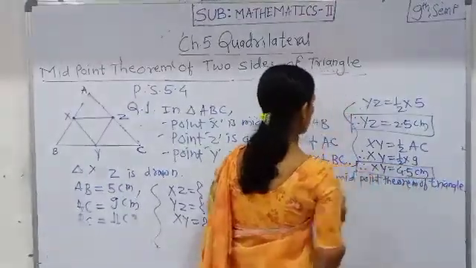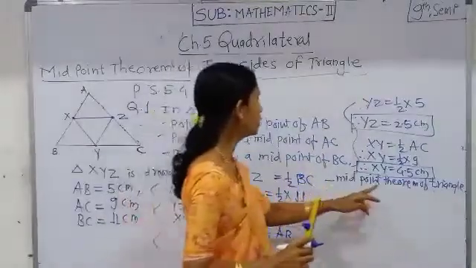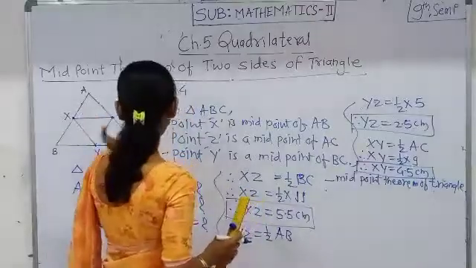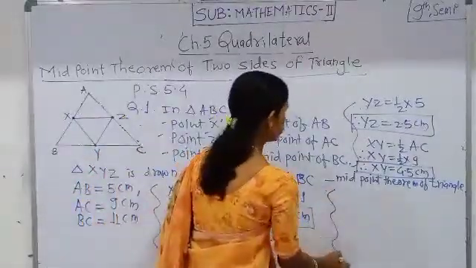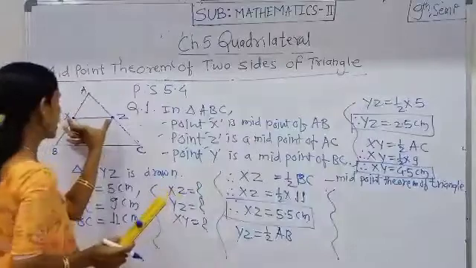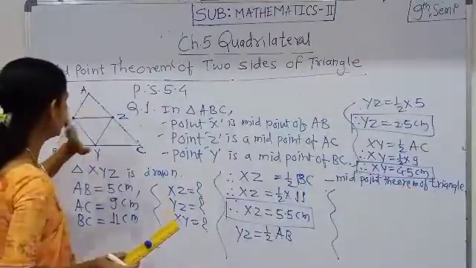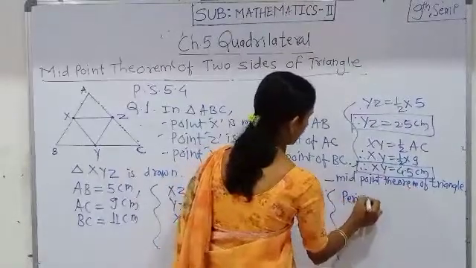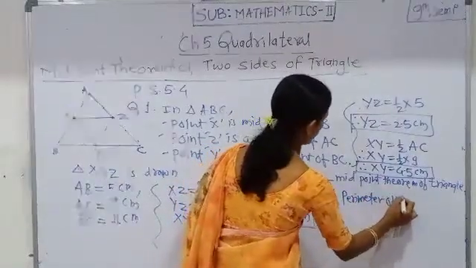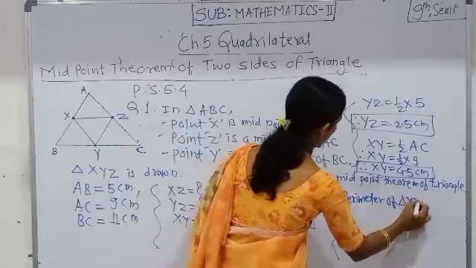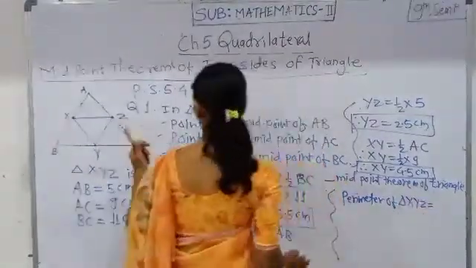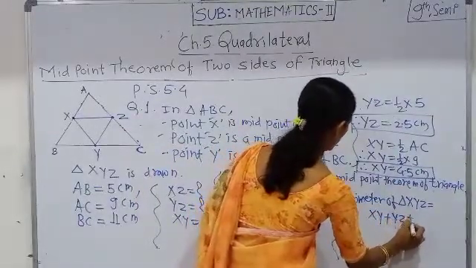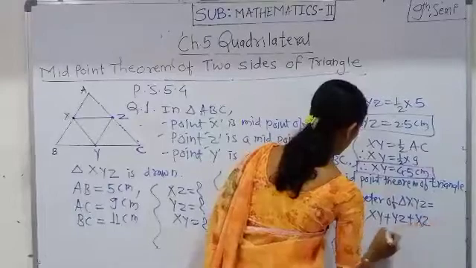The midpoint theorem of a triangle is used in this example to find the values of XZ, XY and YZ, as well as the perimeter of triangle XYZ, which is equal to XY plus YZ plus XZ.